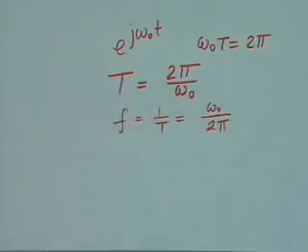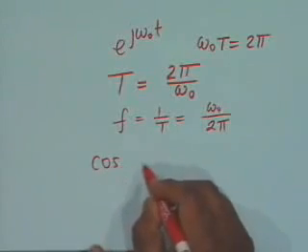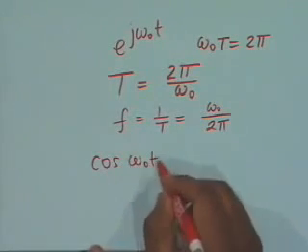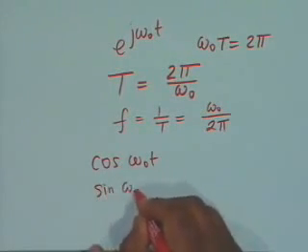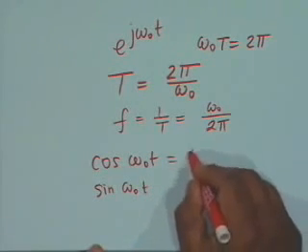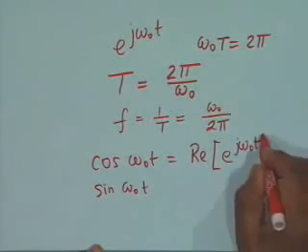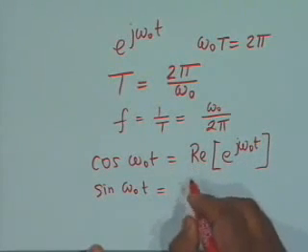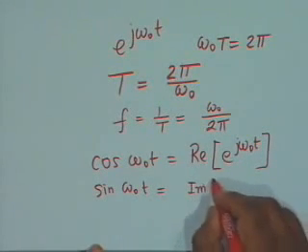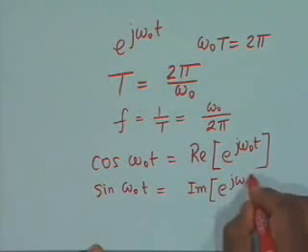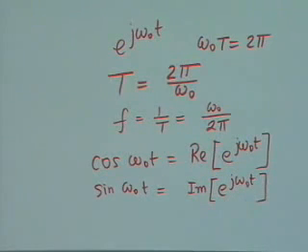A special case of the complex exponential signal is the sinusoidal signal, which can be either cosine or sine. Cosine is simply the real part of e to the j omega 0 t, and sine is simply the imaginary part of e to the j omega 0 t. Is this correct?